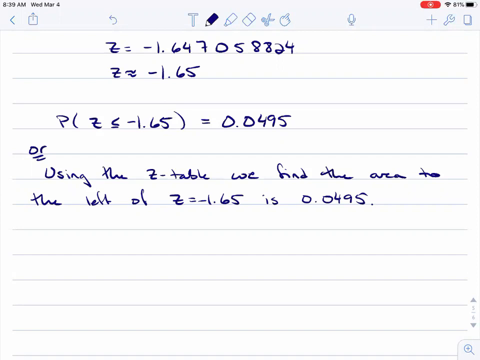These two things are saying the exact same thing, right? In fact, usually people don't want probability notation. So I tend to just always use that same blurb. But until you start kind of reading it for what it is, when it's new and it's kind of like, I don't know what's going on, I just say this blurb and then I move on. But you're just telling me what you're doing, right? You use the z-table and you found the area to the left of the z that you calculated is the table entry, right? 0.0495.